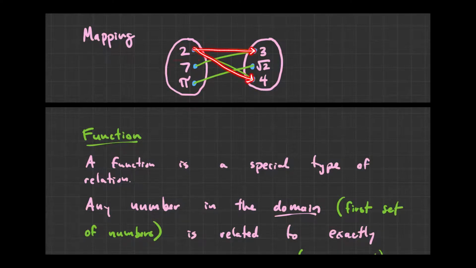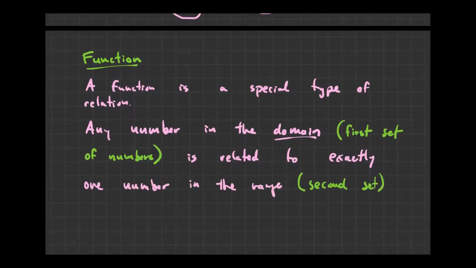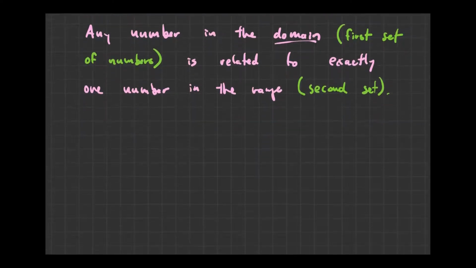So that's a concern for us. What about 3? Is there a problem here? Is it okay that 2 numbers go to 3? Well, let's look at our definition. Any number in the domain is related to exactly one number in the range. So let's see if we can get to the bottom of this.